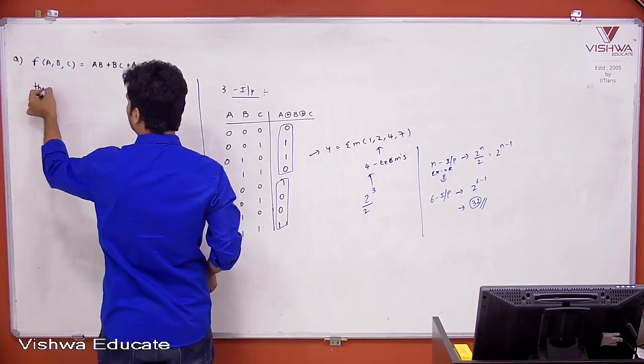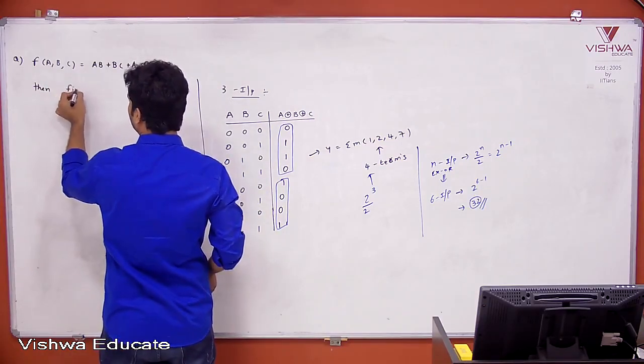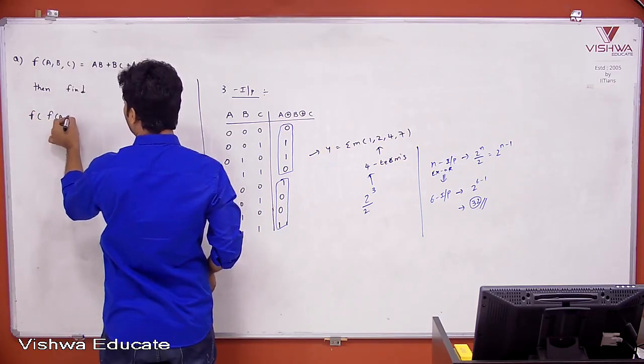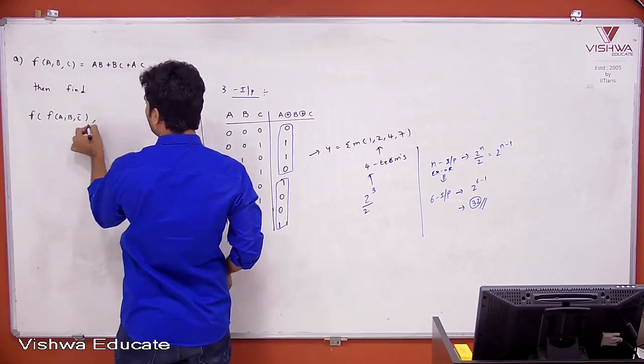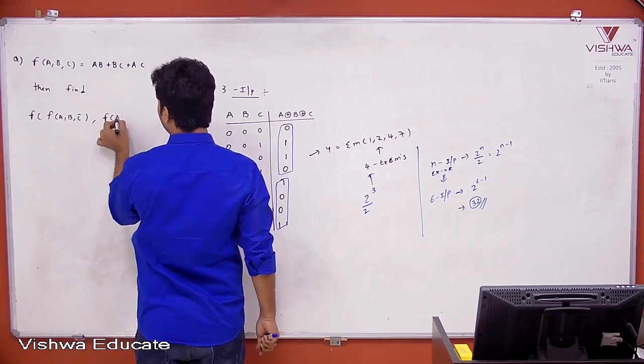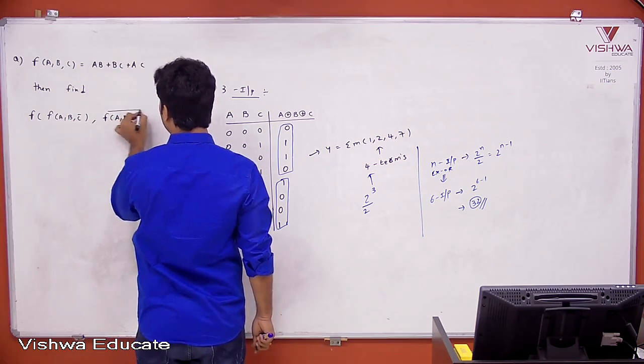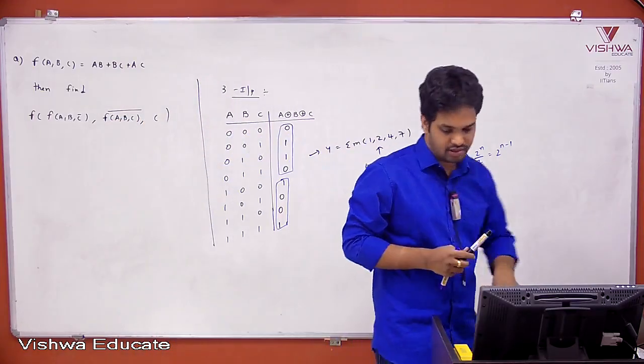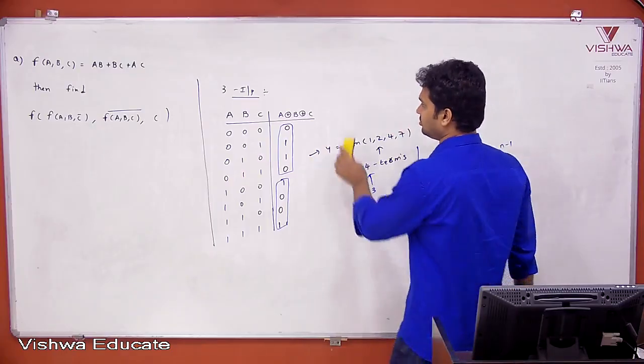Then find F of A, B, C bar, comma, F of A, B, C whole bar, comma, C. Copy this. I'll explain the solution. First copy the question.